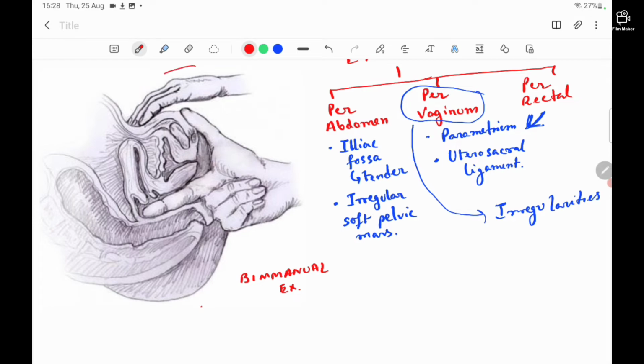You should keep one hand over the mons pubis area, and with the other hand you place it like this, at 90 degrees, and you might examine the vagina. Here you can see this position is the vagina. In the same manner you might examine the rectum as well.